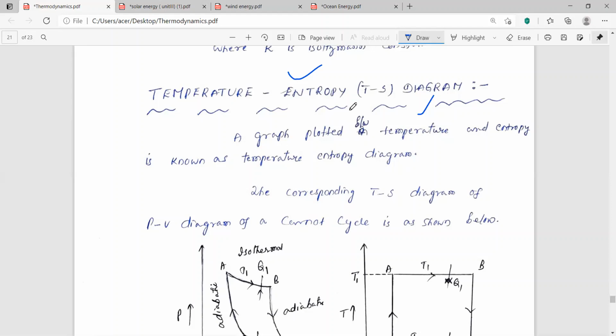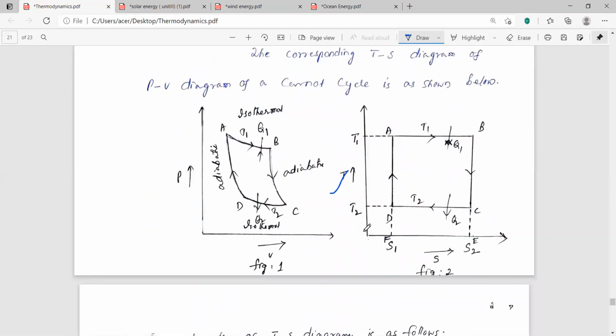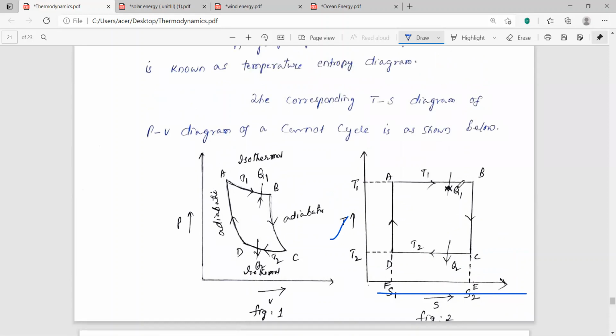So here, what is the temperature entropy diagram? If you take temperature on the y-axis and entropy on the x-axis, then this diagram is called the TS diagram. What is the advantage of this TS diagram? What is the importance of this TS diagram?